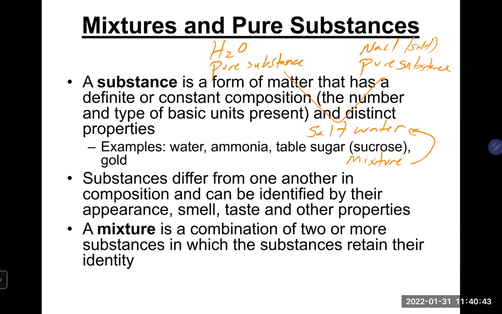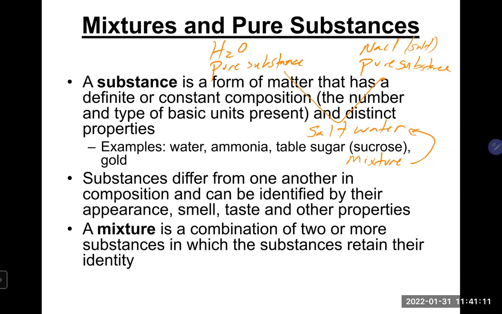Nobody changes what they are. And you could actually separate the parts of a mixture by some type of physical means. That means, technically speaking, when we make a mixture, it is a physical change, because you can retrieve all the parts of the mixture by some physical means, which is what we're going to do in lab today. We're going to retrieve some of the stuff here.